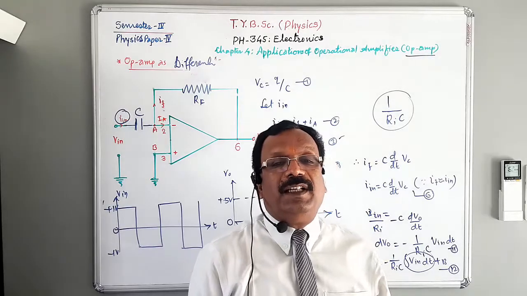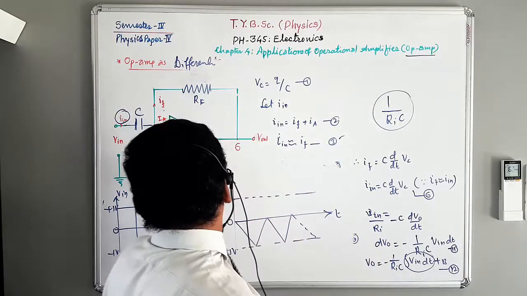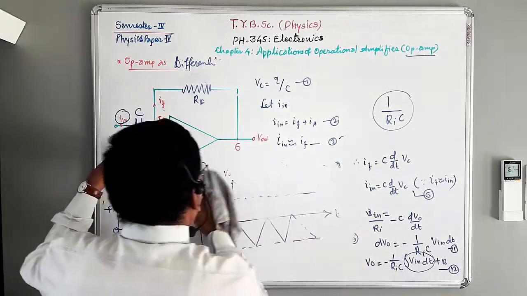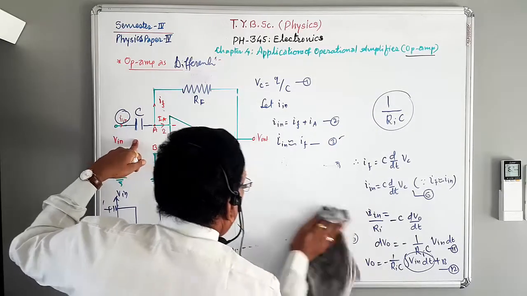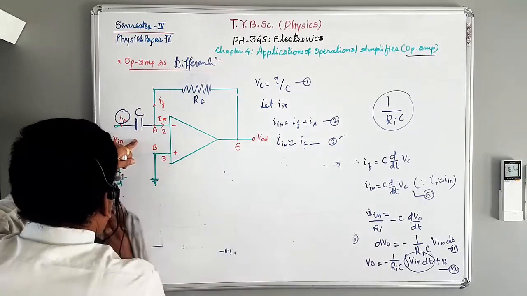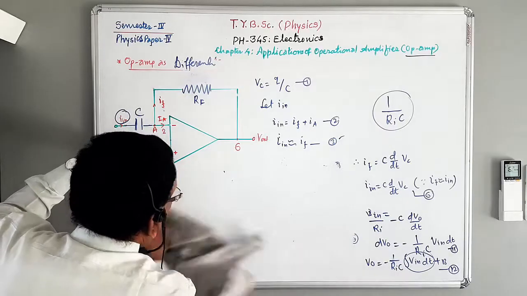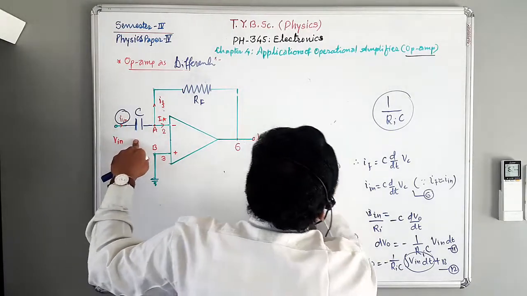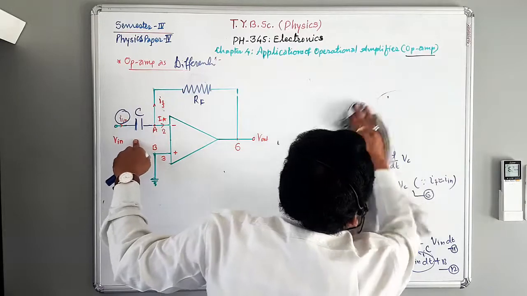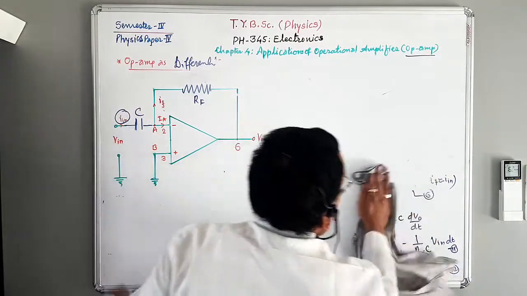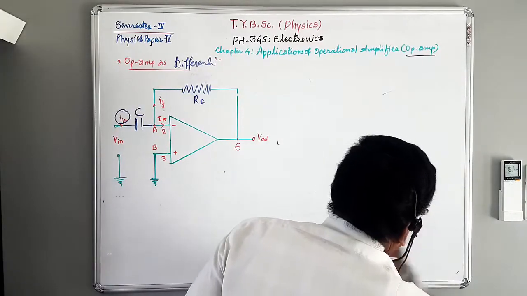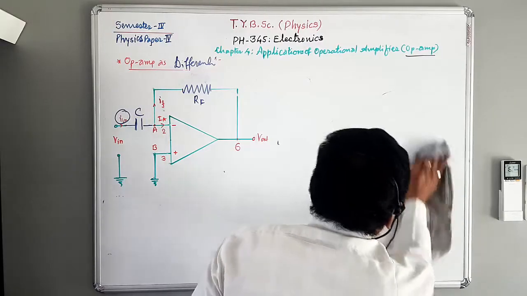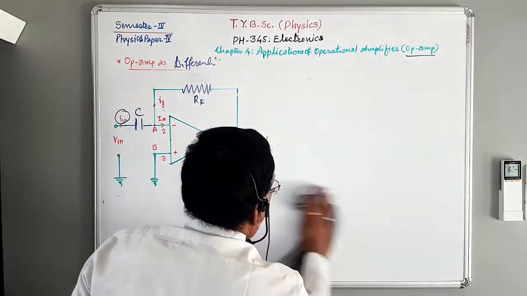Since the input signal is applied to the capacitor, whereas input signal in integrator is applied to a resistor, but here we make the change in the position of capacitor and resistor.